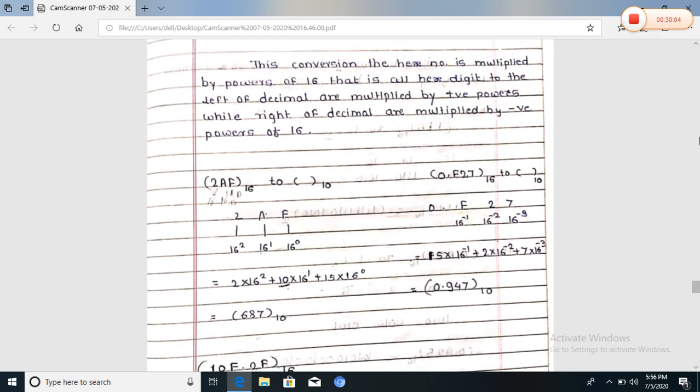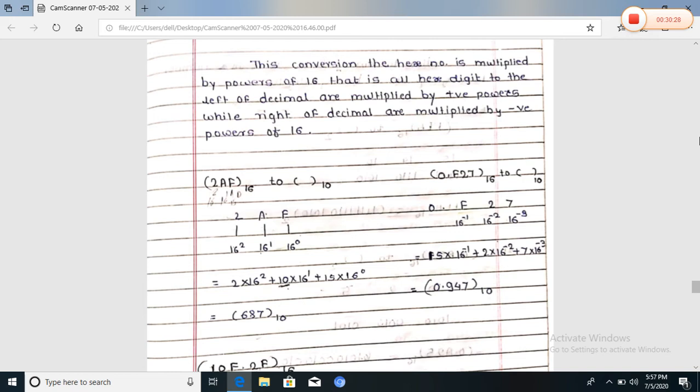For example, 2AF in base 16, converting hexa to decimal. First is F, then A. F represents the first number, the LSB, and 2 is the MSB. We write the powers starting from LSB to MSB.